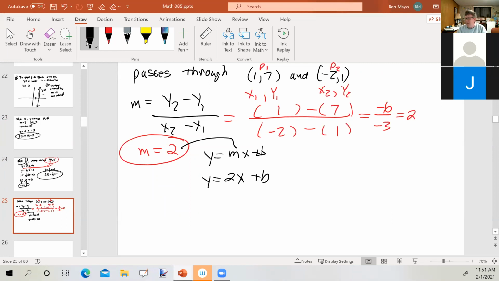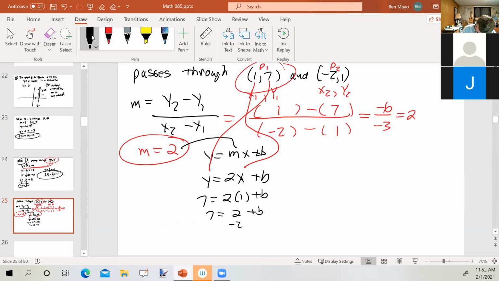Well, I can do the same thing I did on the last problem. Take one of the ordered pairs and plug it in for x and y. I want to be sure to use the same ordered pair for both x and y. Don't choose an x from one point and a y from another. It's got to be the same point. So I'm going to use this point. So x is going to be 1, y is going to be 7. So 7 equals 2 times 1 plus b. 7 equals 2 plus b.